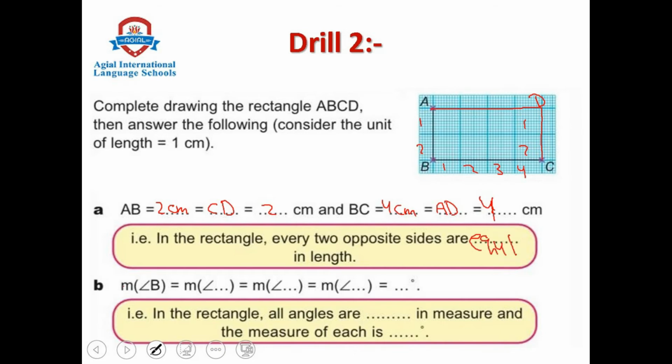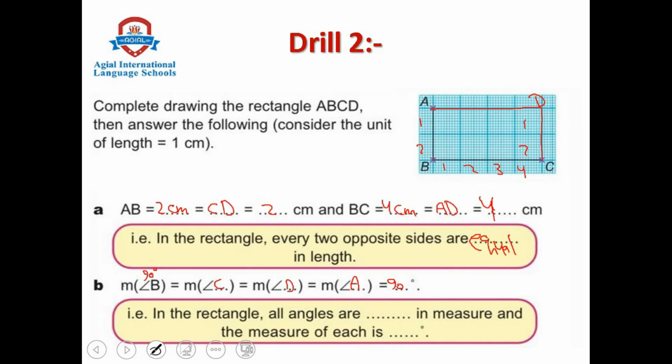And letter B, the measure of angle B is equal to the measure of angle. Okay, we have to use our protractor to know the measure of B. The measure of B is equal to 90 degrees, and also the measure of angle C is 90 degrees, and the measure of angle D is 90 degrees, and the measure of angle A is 90 degrees.